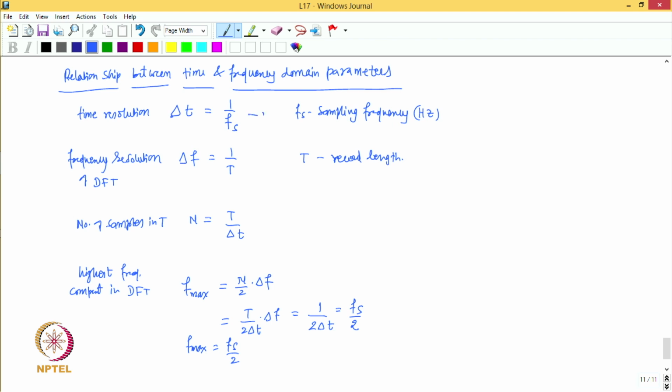In this way we have 4 relationships, 1, 2, 3 and 4.